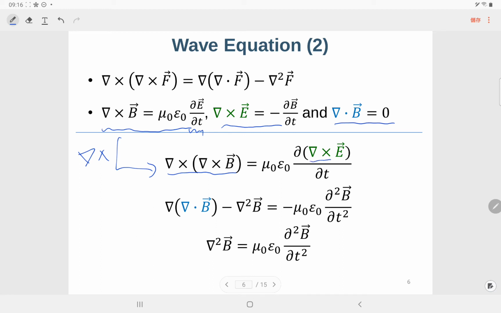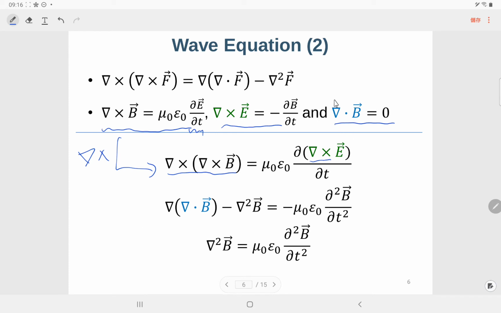Then we use Faraday's law, so that for the right side we have minus partial t, and then here we have partial t. So we have a second derivative with a minus sign, and then we also have this term. So the right side becomes this, and for the left side we make use of the curl of curl identity. So we have something like this.